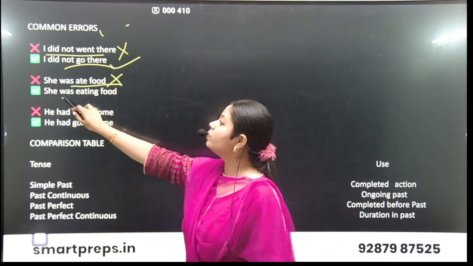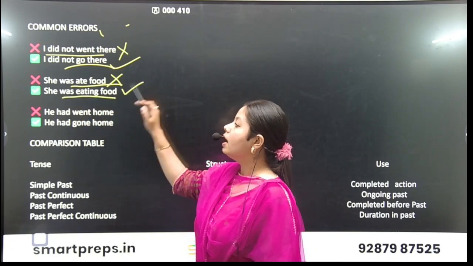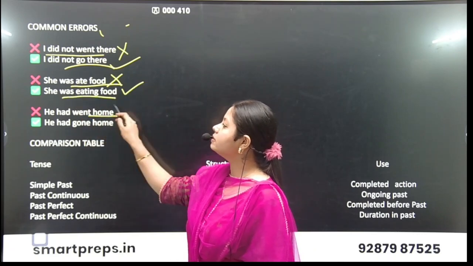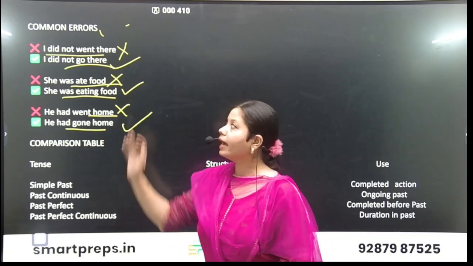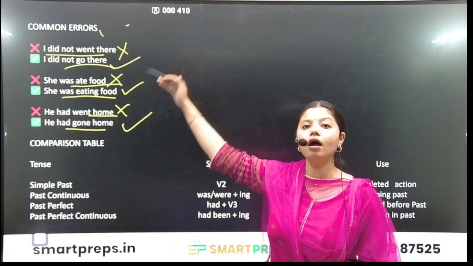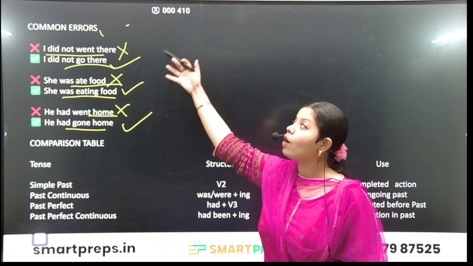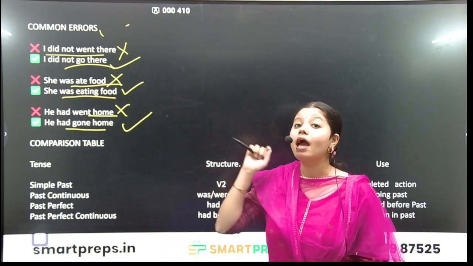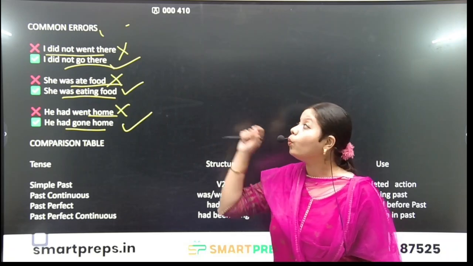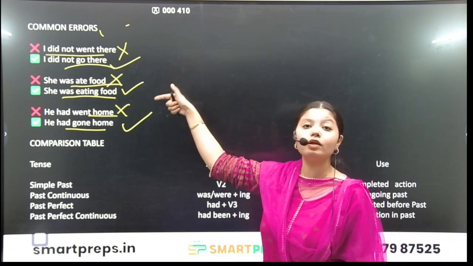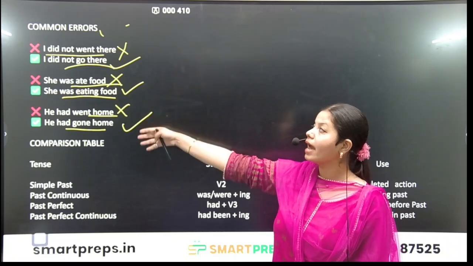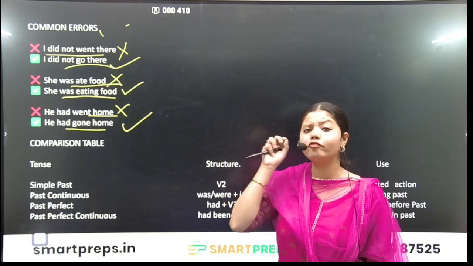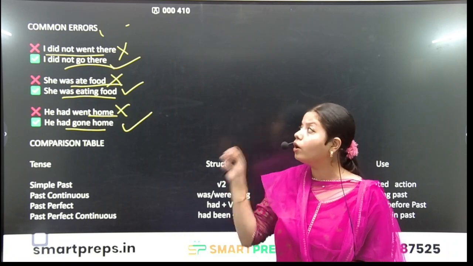Yes, she was eating food. He had went home is wrong. He had gone home is the correct one. So can you see the grammatical mistakes in the sentences? That is how we have to identify the errors and understand which are the common errors we frequently make in our exams. That is why I brought this chart, showing how we actually make mistakes in the exam. So you have to check each and every word in the sentence.